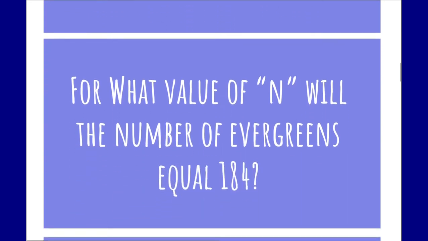For what value of n will the number of evergreens equal 104 or 184? In this case, you might need to determine a rule for the evergreens. Or you recognize what the pattern is and you keep on moving on to the next value of n. Next position, next position, next position. But a rule might be easier.